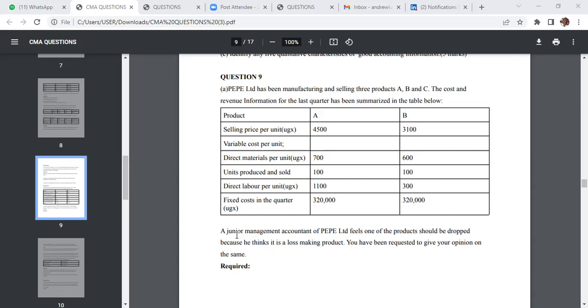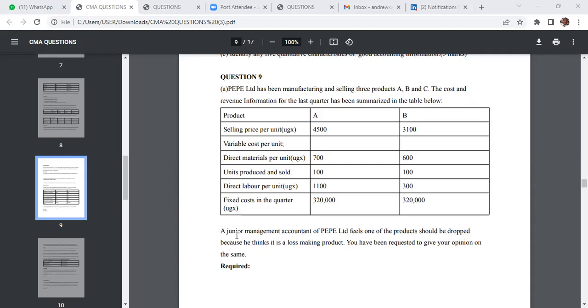We're given variable costs. You have direct material, you have units produced and sold, so those are units really, it's not our issue. Then you have direct labor per unit, and then fixed costs. Under our variable costs, we have material per unit: 700 for A, and 600 for B. Then labor we have 1,100 and 300.